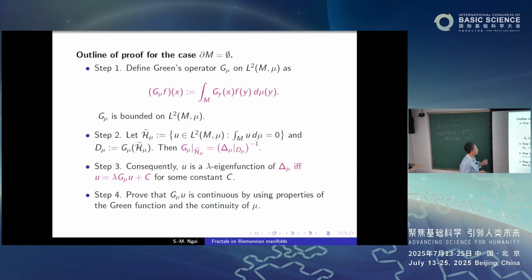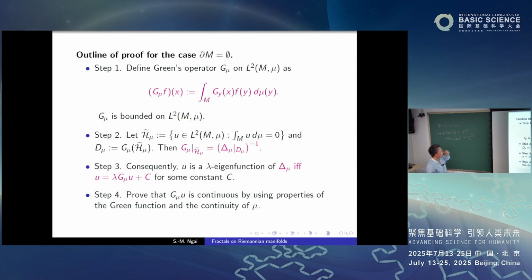We have to restrict this to suitable domains. The suitable domain is H mu tilde. These are all the functions that are orthogonal to constant functions, so we mod out the constant functions. This includes all the eigenfunctions associated with non-zero, actually strictly positive, eigenvalues.